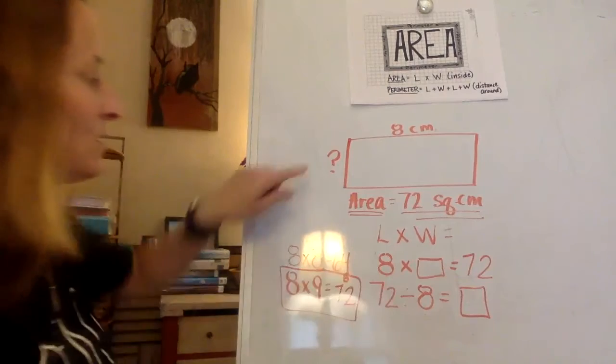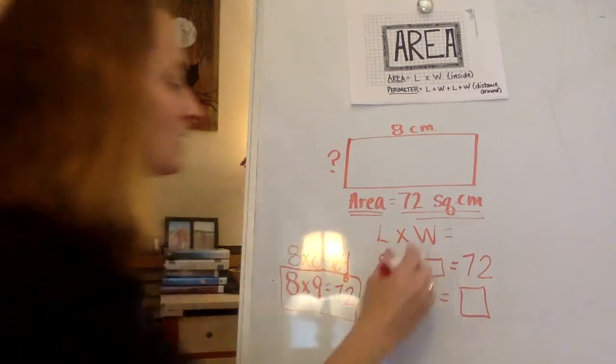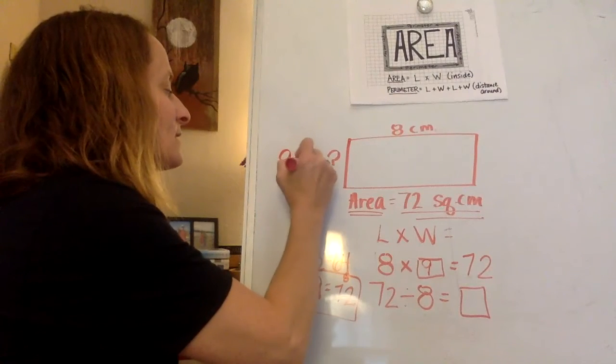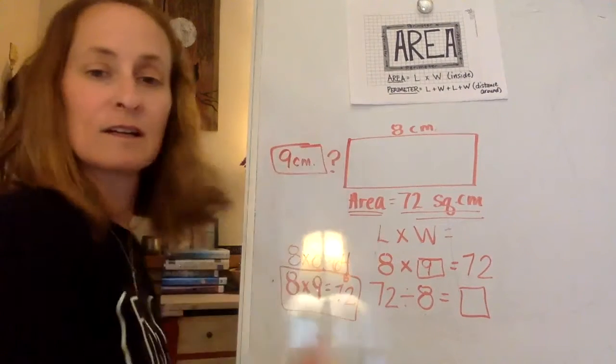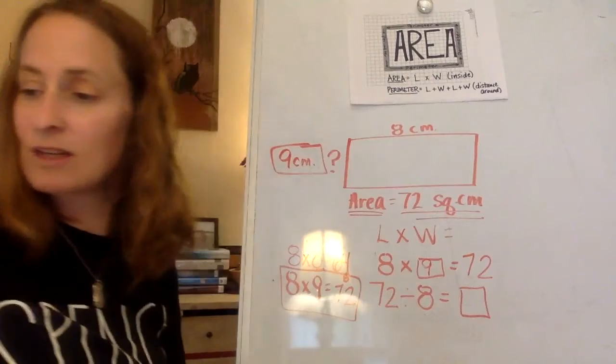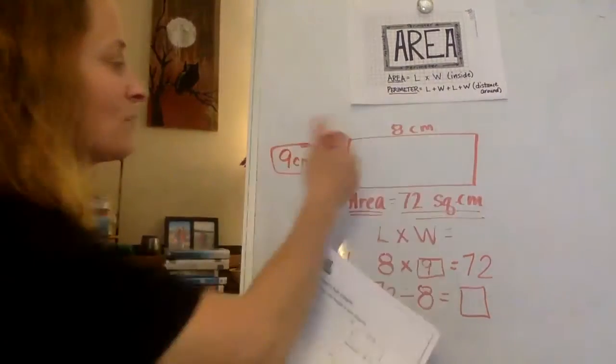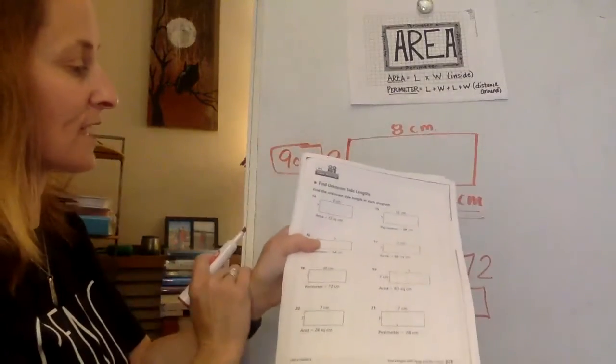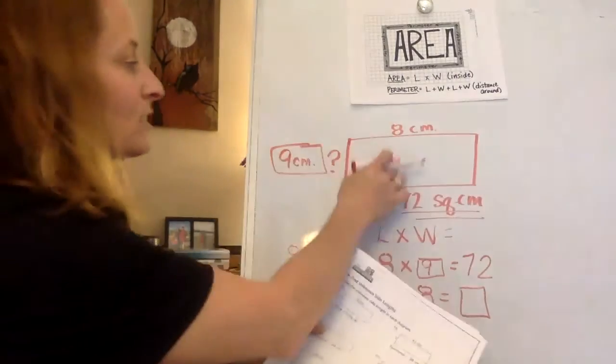So your unknown side length, boys and girls, is 9. So I would just put 9 centimeters right over here. In your packet, you can even put it inside if you want. You've got that empty box there, the question mark. It's up to you. You can write it on the side, or you can put it in the middle.